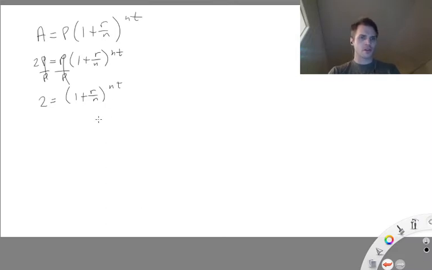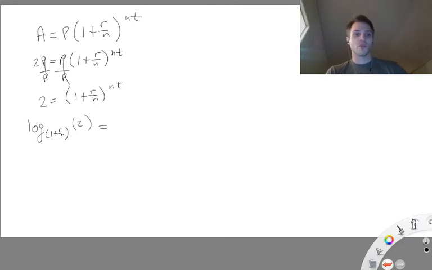Okay, so what you want to do here to get this nt out of the exponent is take the log of both sides, but you want the log to the base to be the same as the base that you have here, this bit in parentheses. So I'm going to take the log of both sides to the base of 1 plus r over n. That's just some number. You know what r is, you know what n is, you can simplify and calculate it. But it's important that we do this with symbols first, otherwise it just becomes a big mess of numbers.